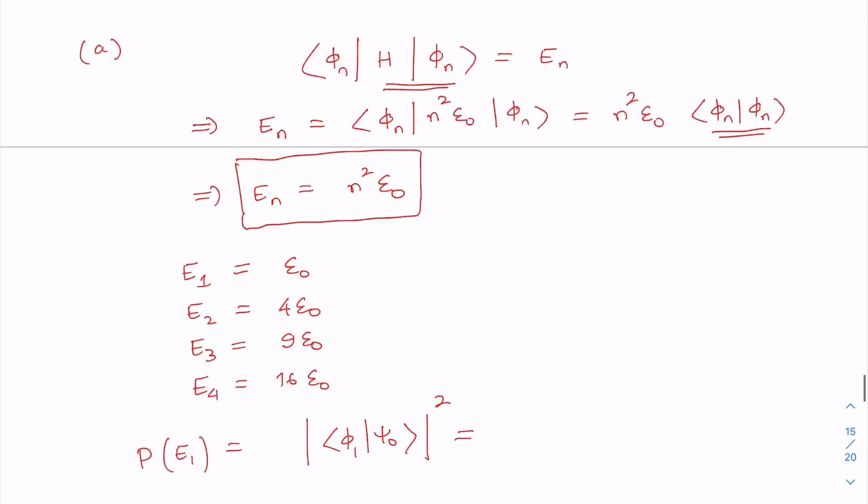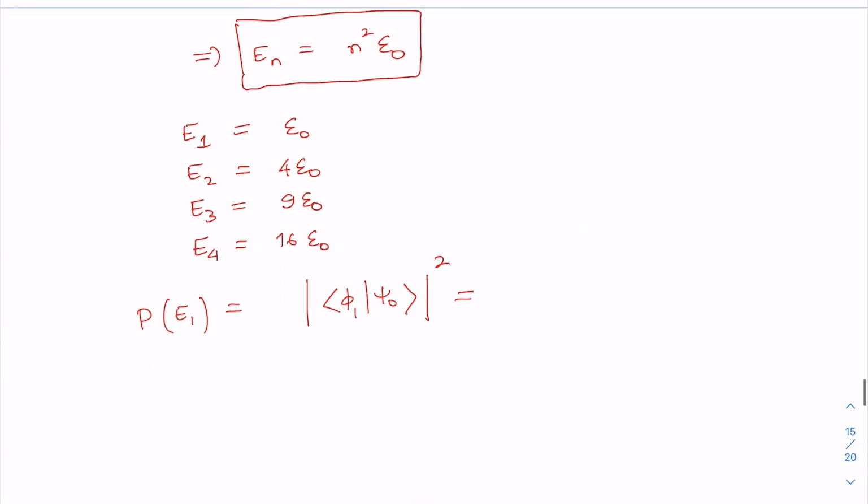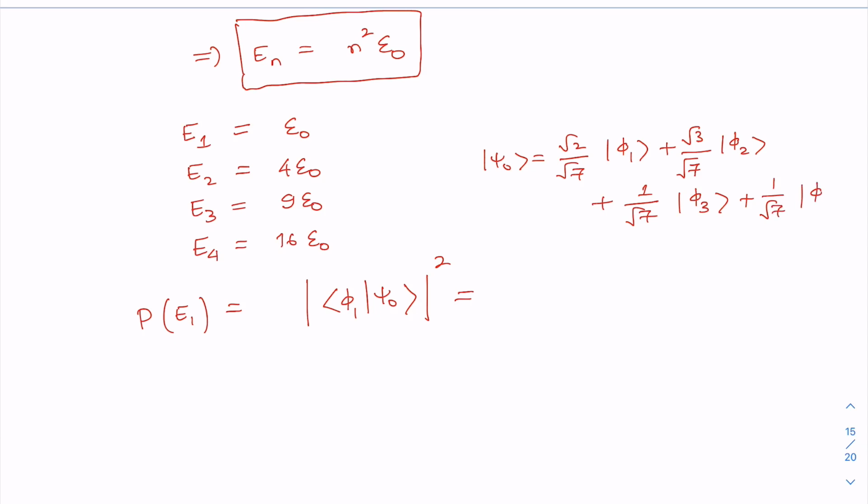And as you can see from this expression, let me write psi 0 here again. Psi 0 is root 2 by root 7 phi 1, then we have the term root 3 by root 7 phi 2, then 1 by root 7 phi 3 and 1 by root 7 phi 4.